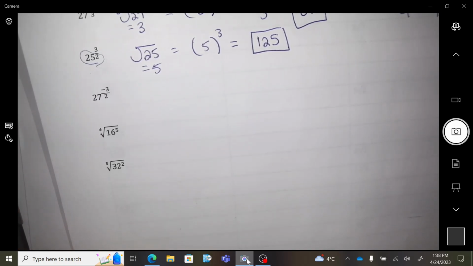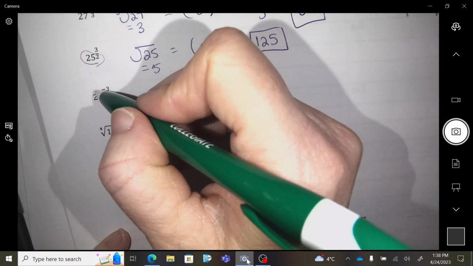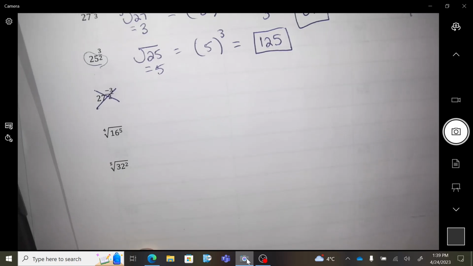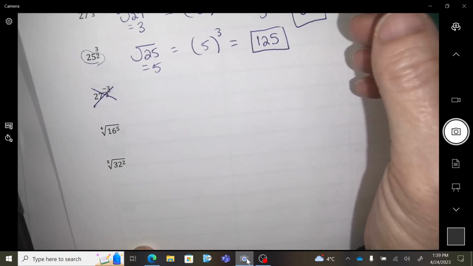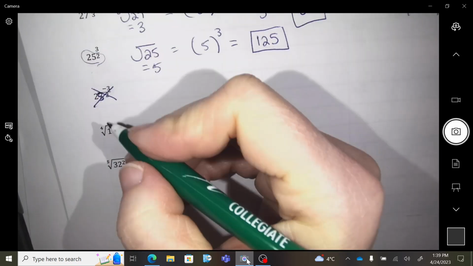Actually, no, I don't know if this one's even good. Nope, skip that one. Unless I meant to put a 25 there. I probably did. Yeah, I probably meant to put a 25 and 27.